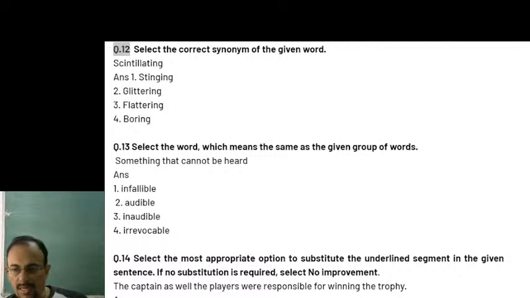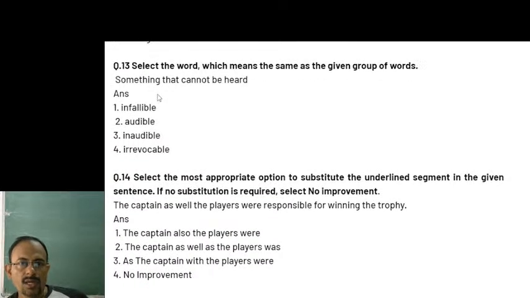Shreyas also says 2. Manas B also says 2. Very good. So all of you are correct. It's 2, glittering.